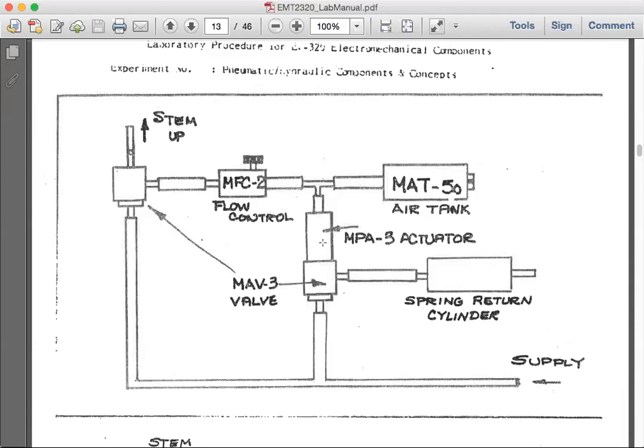So since this stem is up, the pressure that vents from the spring return cylinder, since you have no longer pressure entering the spring return cylinder, right now the spring in the front exerts the force on the piston to return. And since there is no longer any pressure counteracting the force of the spring, then the piston returns.